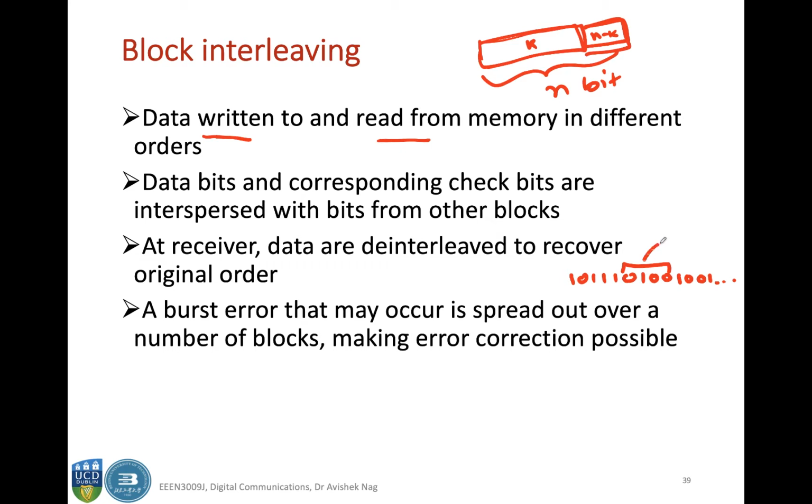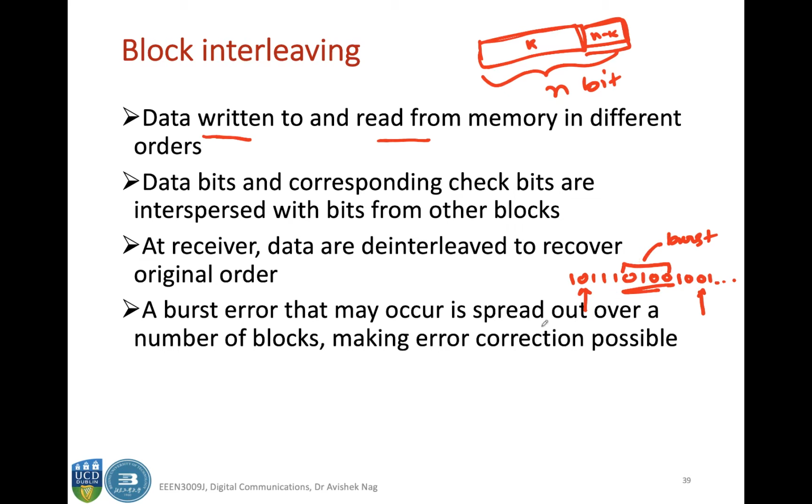So there is a burst of error. An error can be individual also, let's say only this particular bit is affected, or this particular bit is affected. But in case of burst error, multiple bits can be affected together.